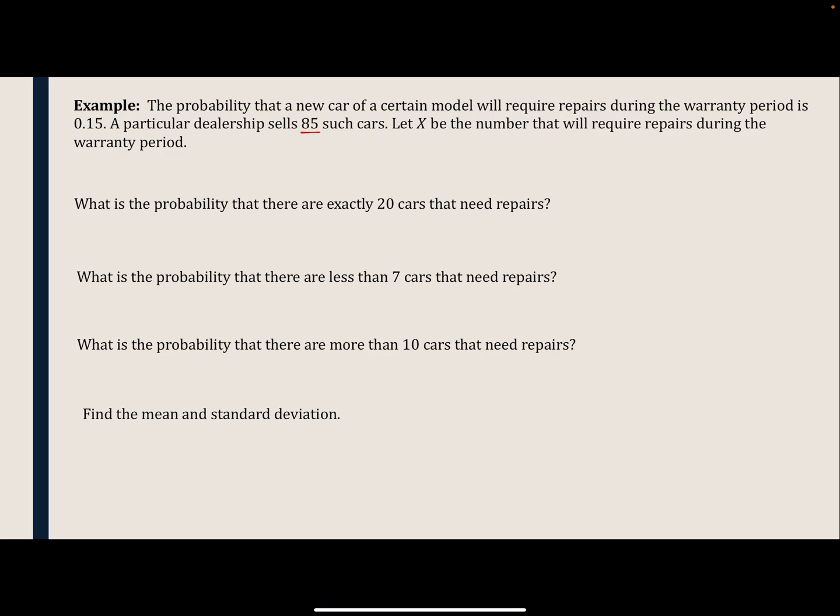The probability of success, which I know sounds weird because this is the probability that it's going to require a repair, which doesn't sound successful, but in our mathematical sense, this is our definition of success. So the probability that it needs a repair is 0.15, and you only have 2 possible outcomes here. Either the car will need a repair within the warranty period, or it won't. So we have a binomial distribution with n equaling 85, our probability of success equaling 0.15, and our probability of failure is 0.85.